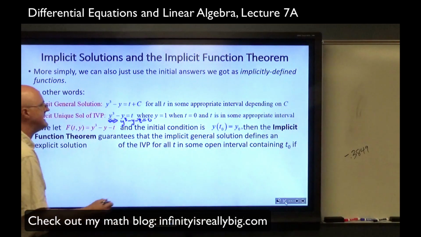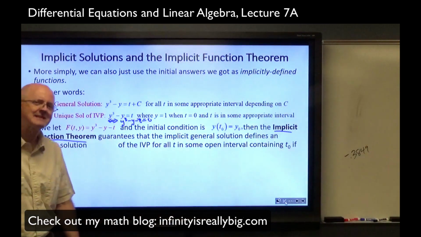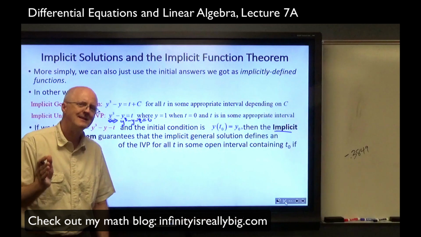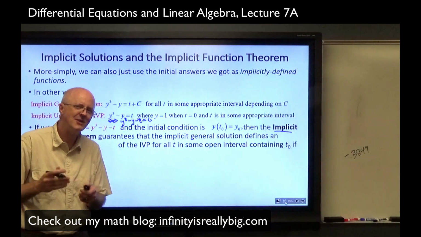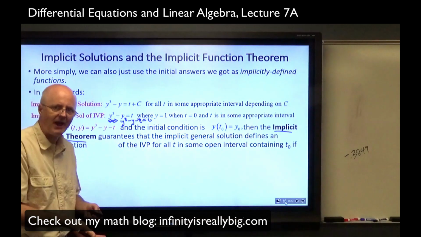Then something called the implicit function theorem, which I'm not going to state, because it's kind of complicated. I want to try to get across the main point of the theorem symbolically here and then graphically soon.